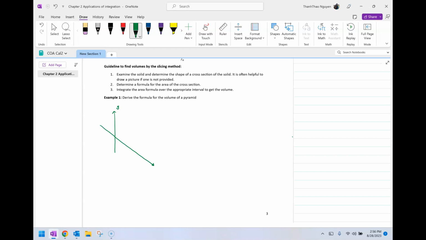So this is y, and this is our x direction. Okay, so here's the pyramid, and here we have a cross section, because we need to calculate the area of the cross section.